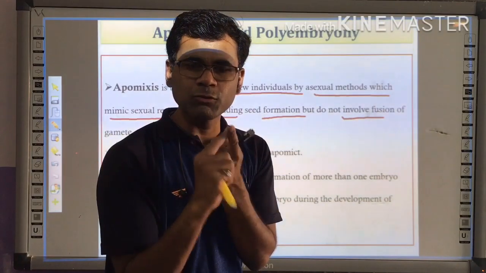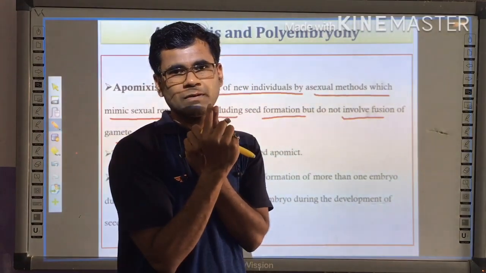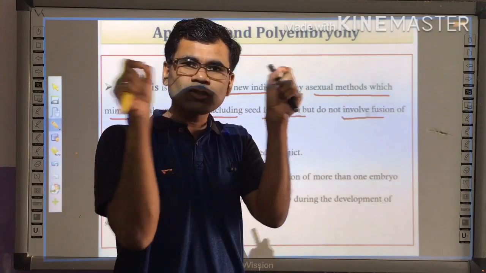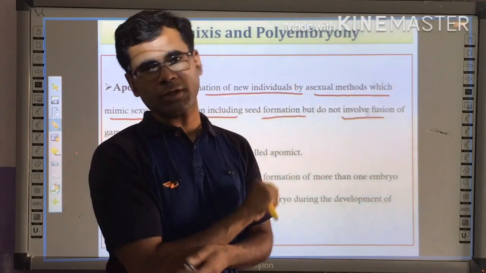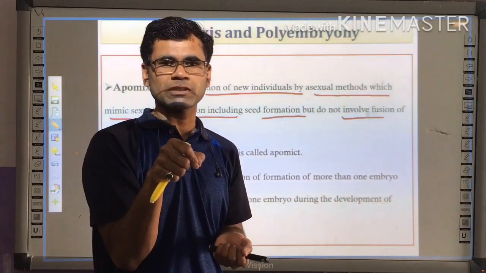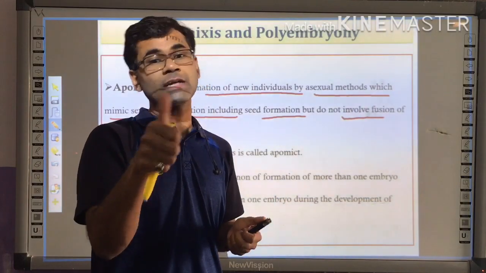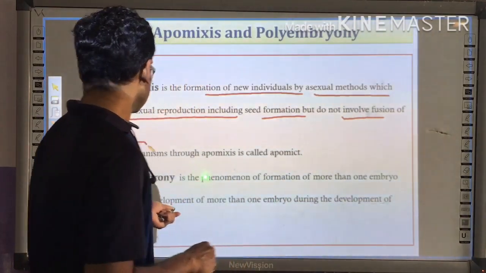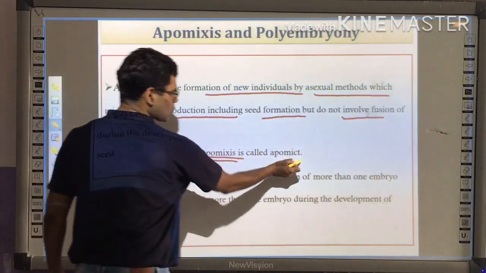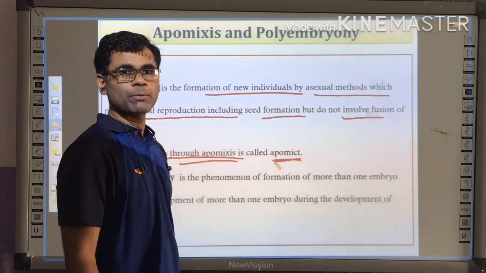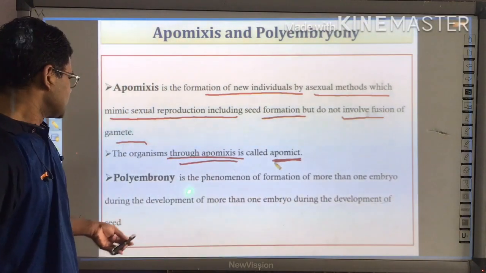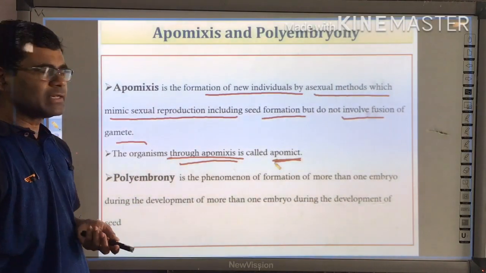Fertilization means the fusion of gametes, and we are taking other cells, not gametes, and hence this is called a mimic of sexual reproduction. It is mimicking sexual reproduction, following the same steps but without gametes. The organism which develops through apomixis is called an apomict.